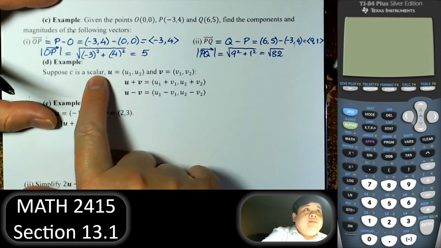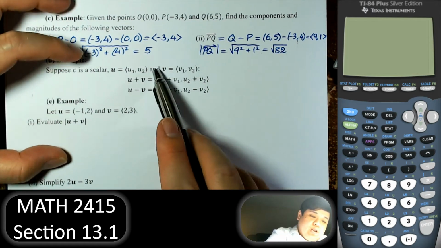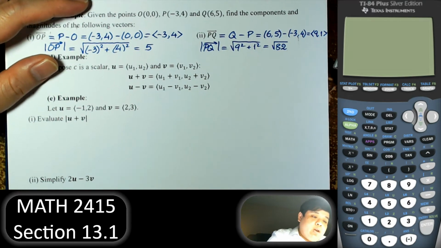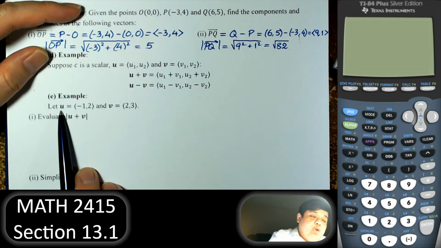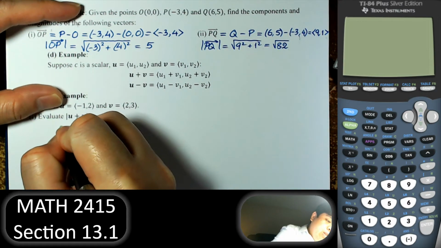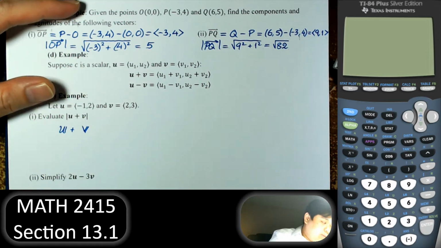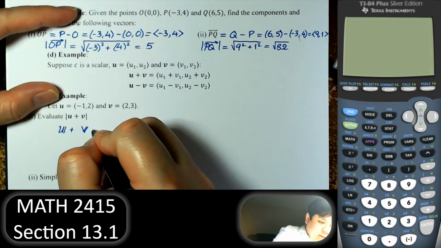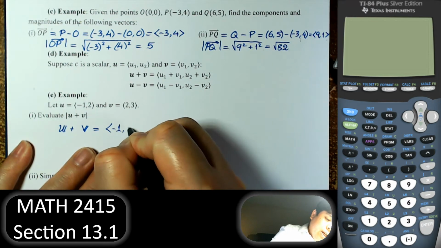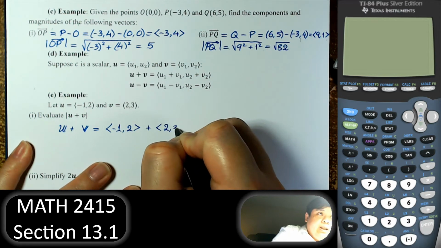Now, if we don't have the vectors as points, we just have components, then we just add or subtract corresponding components. That should be easy enough. Right. So look at the first example. Let vector u be negative 1 and 2, vector v be 2 and 3. What is u plus v? So we will add the vectors first. Negative 1 and 2, plus 2 and 3.